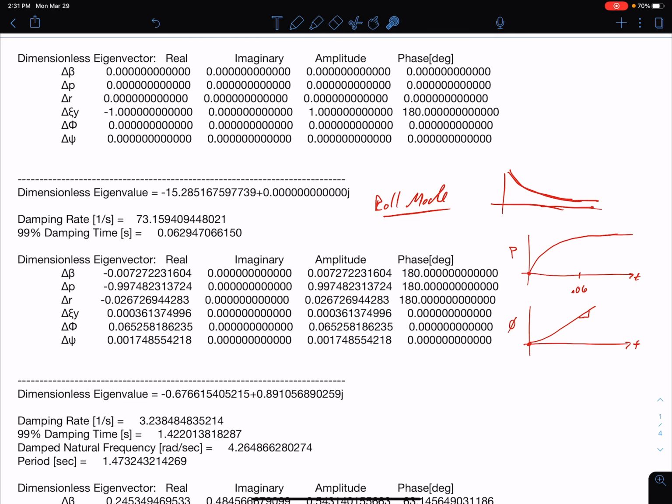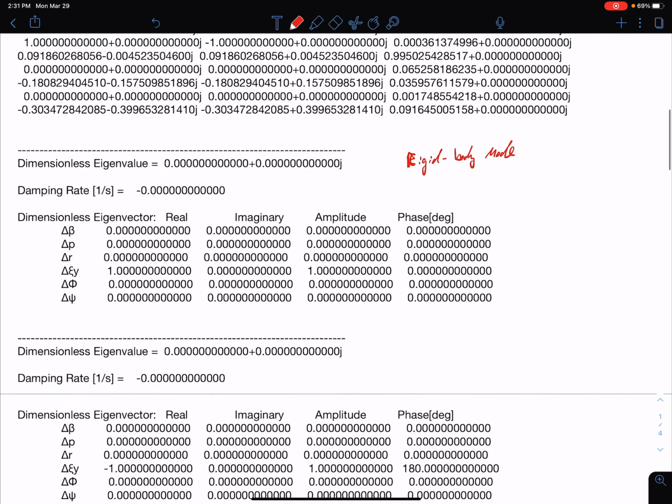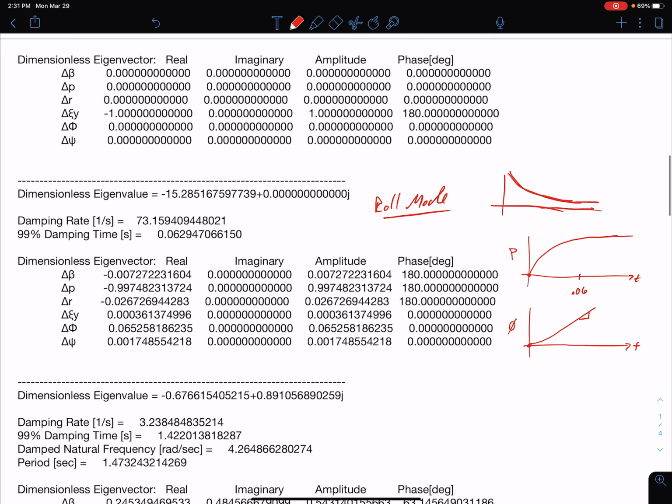Remember, that's the CL, comma P bar, that's our roll damping, and it's usually negative and large because our wingspan is so great that the lift distribution created by rolling the aircraft strongly opposes that rolling motion. So you have large damping about the roll axis, and this damps out rather quickly.